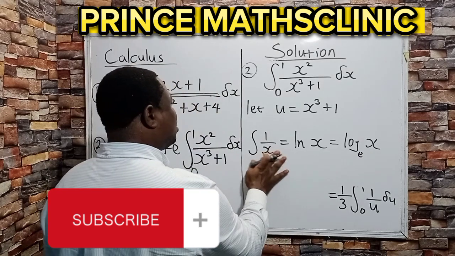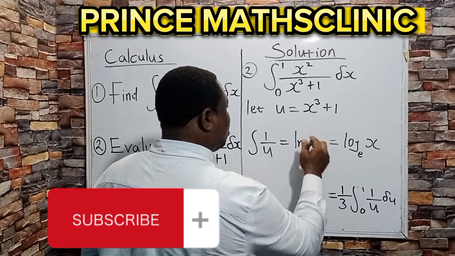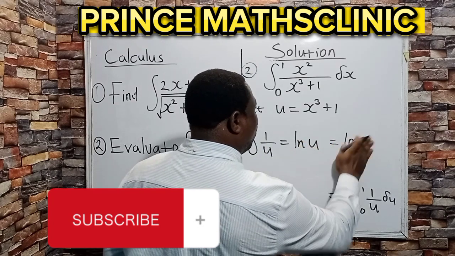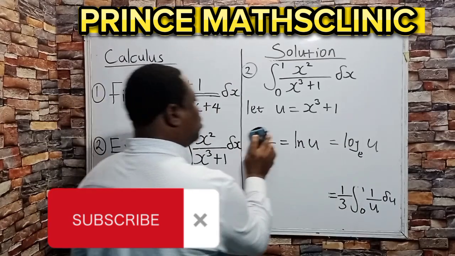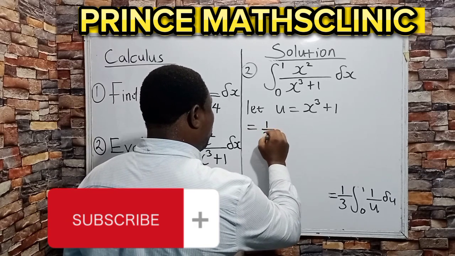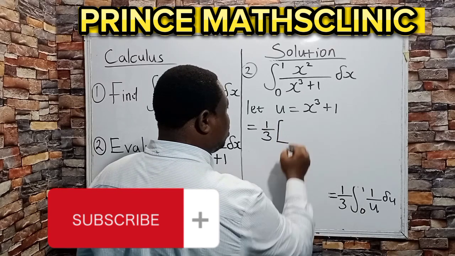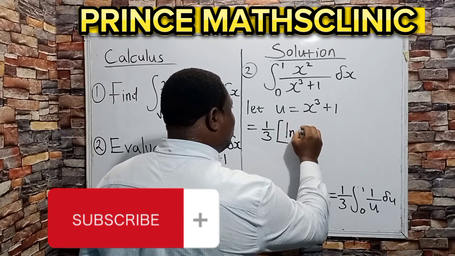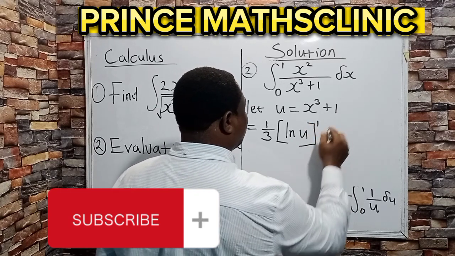Now that we have this as 1 over u, the integral will be what? Ln u or log u base e. Good. Therefore, integrating this to become 1 over 3, if we integrate this, this becomes what? Ln u, putting your limits 1 and what? 0.